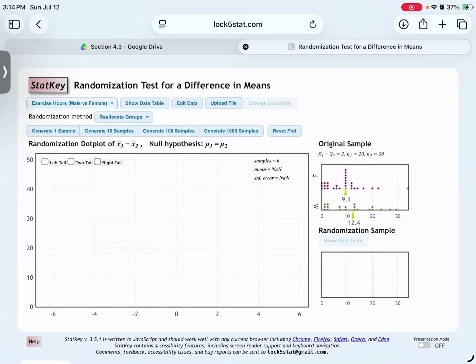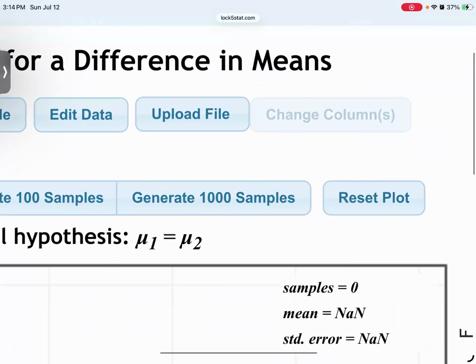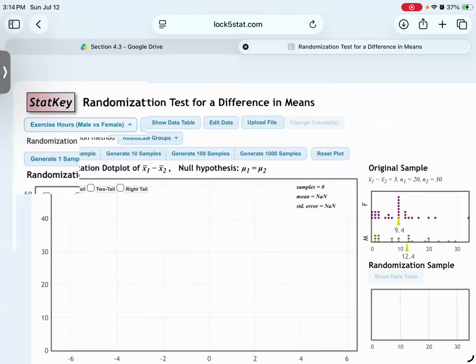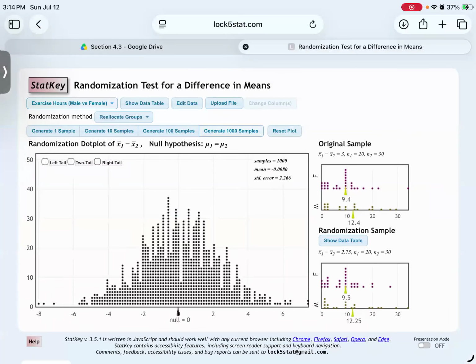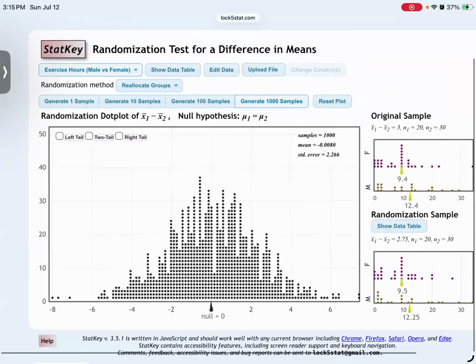So when you're ready, you'll go ahead and click your 1000, and that's going to bootstrap to see 1000 times what else could have happened by random chance. If the null is true, what might happen? So there's my 1000.